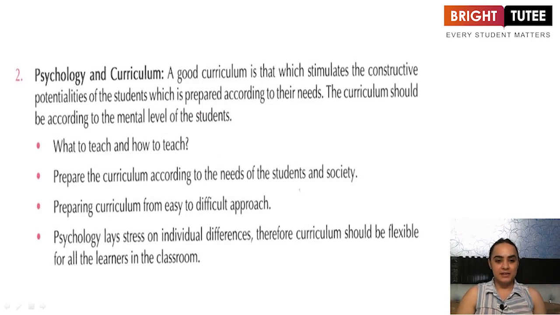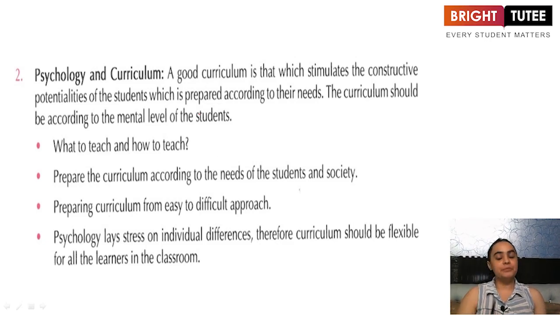Now, next we have psychology and the curriculum. Again, I have discussed with you the role of the curriculum. Curriculum talks not only about academics, but about co-curricular activities also.